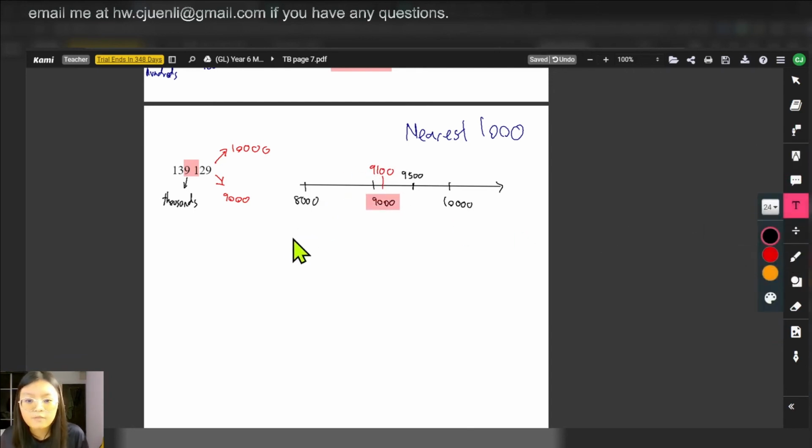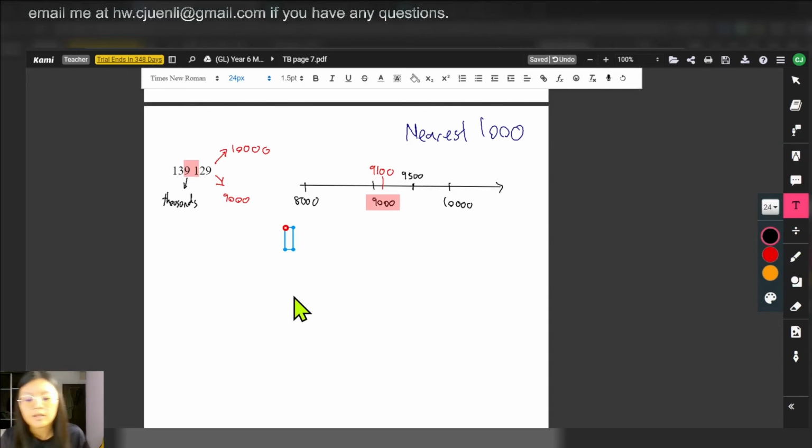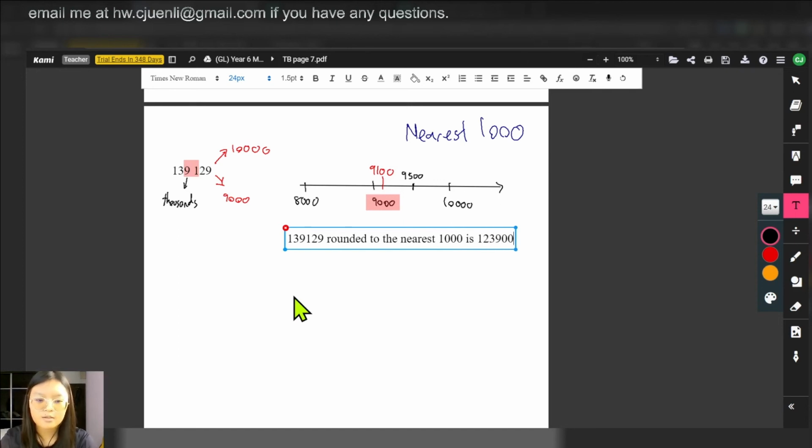So as your final answer, you can straight away tell me that 139,129 rounded to the nearest 1,000 is 13900. And you're done, right? Oh, wait, sorry.